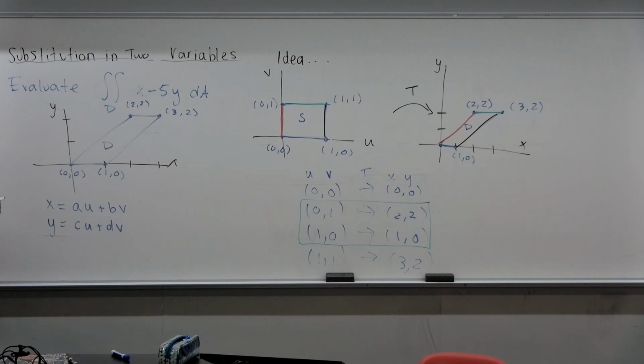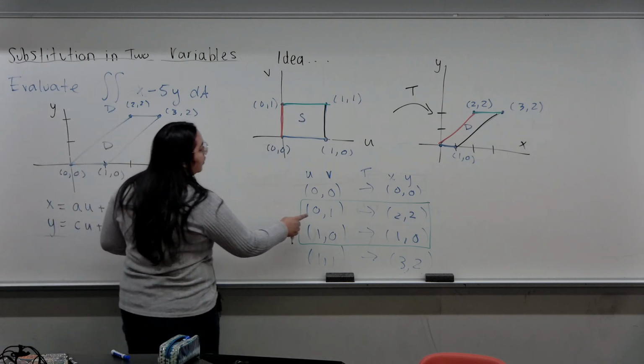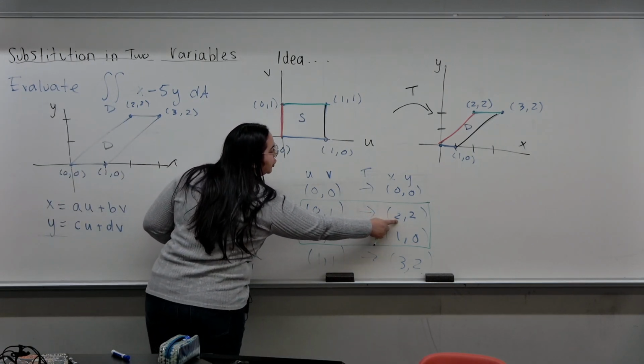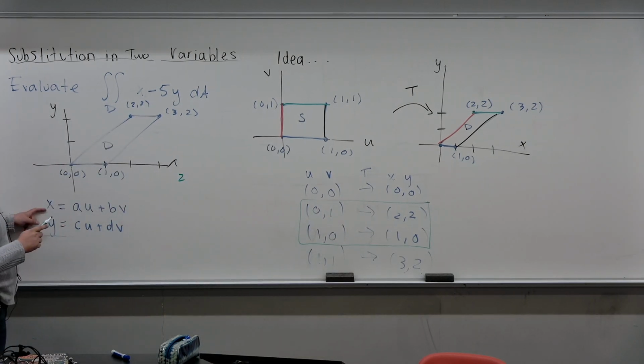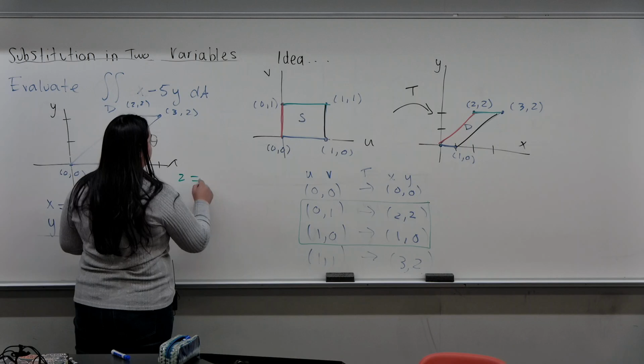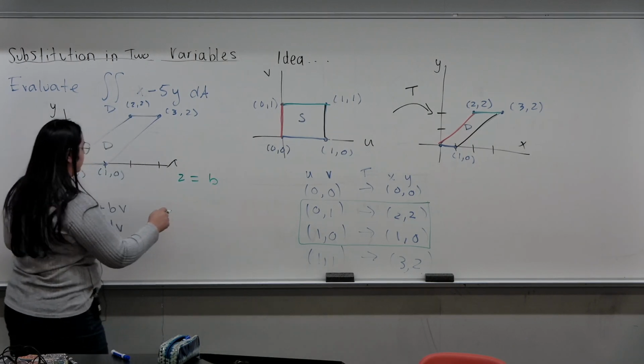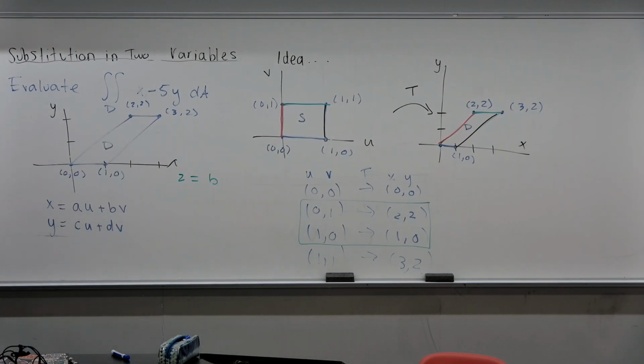So the very first equation I have, when x is 2, u and v are 0 and 1 respectively. So I get 2 equals 0 plus 1b. So I immediately get that b equals 2.